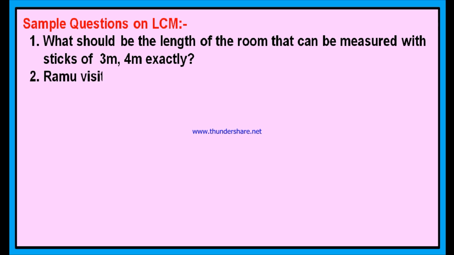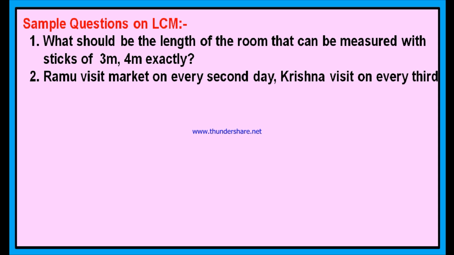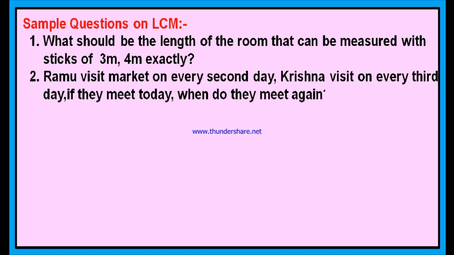Now next is the second question. Ramu visits the market on every second day and Krishna visits on every third day. If they meet today, then when do they meet again? Here Ramu used to visit the market every 2 days, and Krishna visited the market every 3 days. It is another question which needs the concept of LCM to solve.